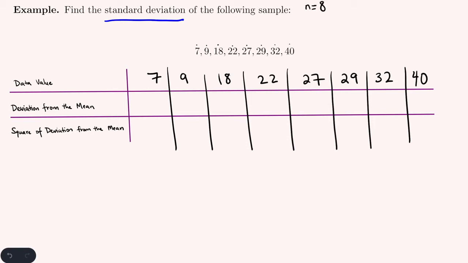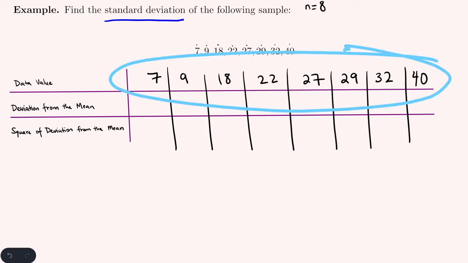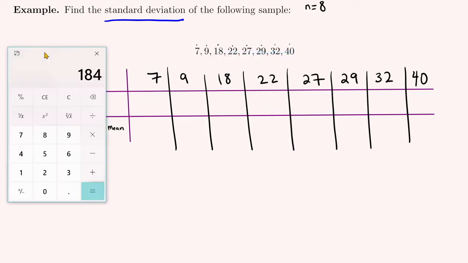Now I'm going to add all of these numbers together and divide by 8 for my mean. And when I add them all together, I get 184. Divide that by 8, and we get a mean of 23.